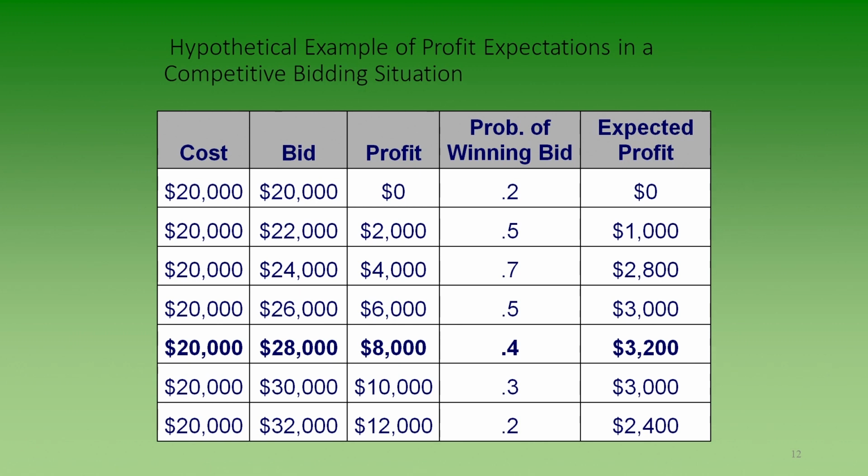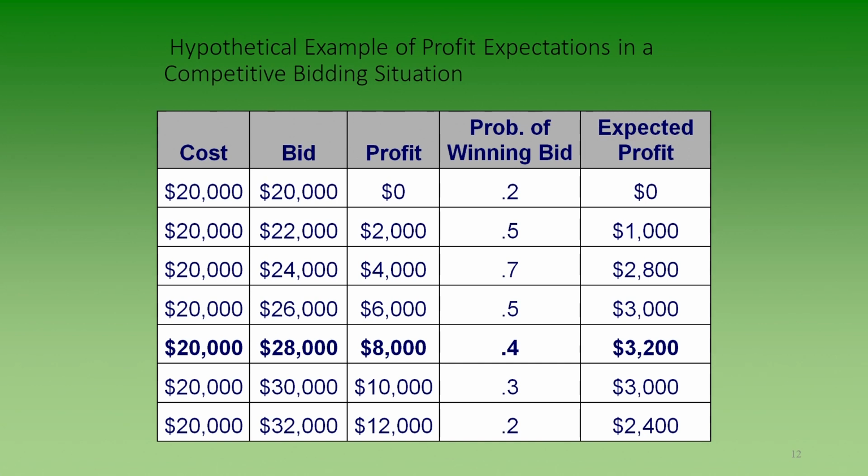Like that, if we go to 26,000, then the profit is 6,000, the probability of winning may again be 50%, and these percentages are to be computed by observing previous buying records, by observing previous tender results of similar product or similar service, or it can also be done by way of estimation by experts, particularly involving the field sales personnel.